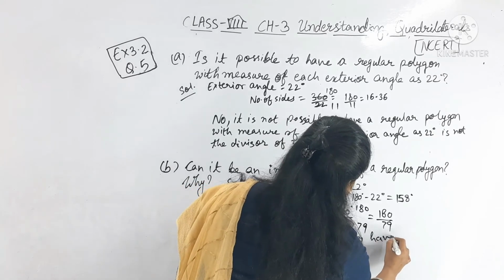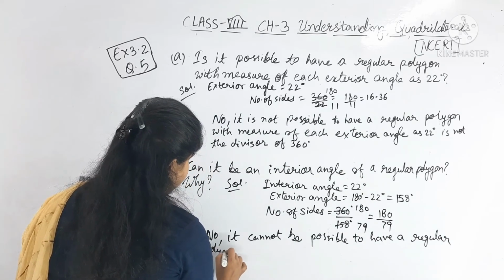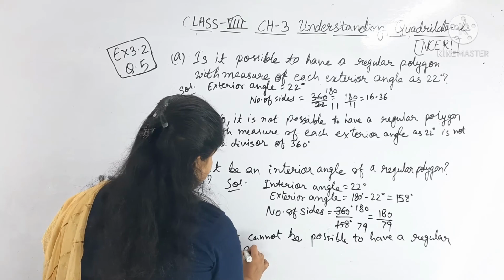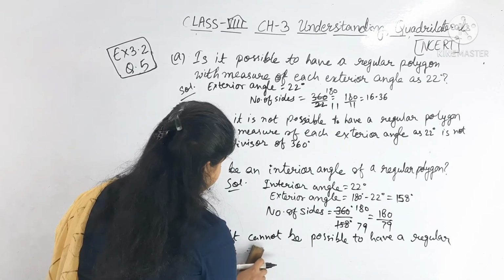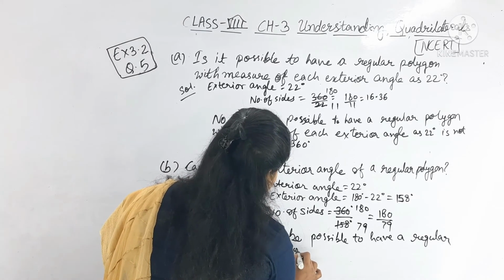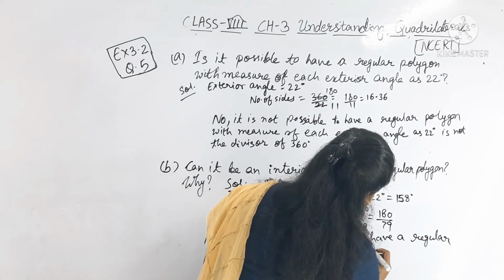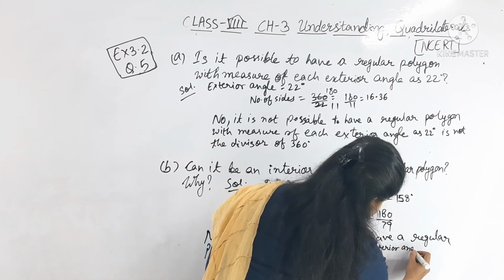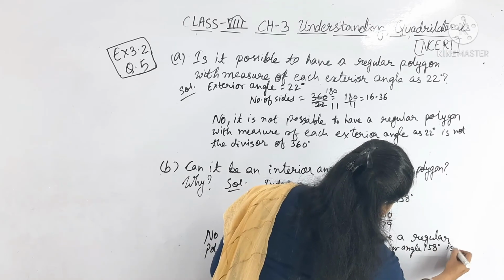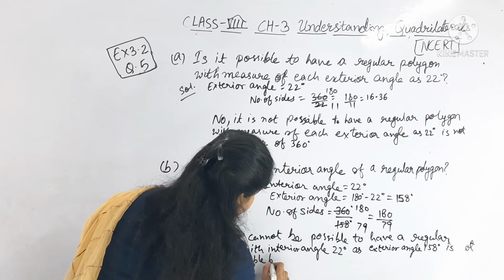So no, it cannot be possible to have a regular polygon with interior angle 22 degrees, as the exterior angle 158 degrees is not divisible by 360 degrees.